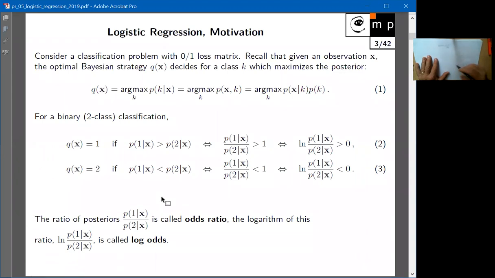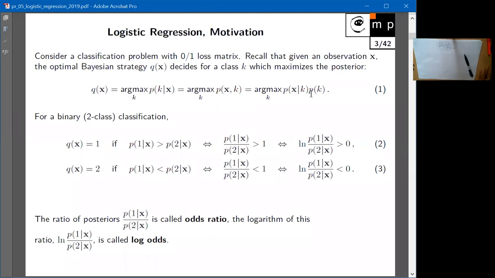But if we are trying to look for the argmax, then this is a constant independent of k. So the argmax of the left side and the argmax of the right side is the same. So as you see in the lecture, we can go for the argmax of p(x|k), the conditional probability that class k generates x, times the prior p(k).